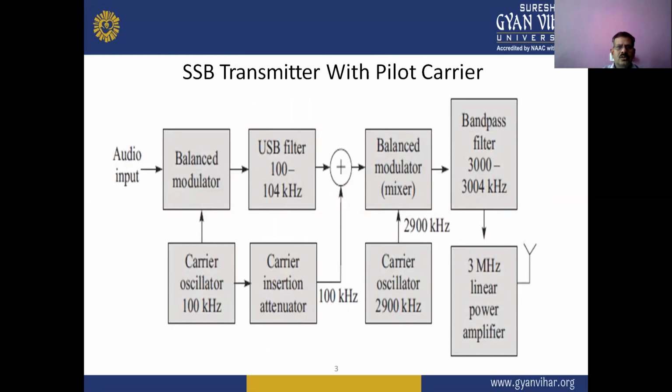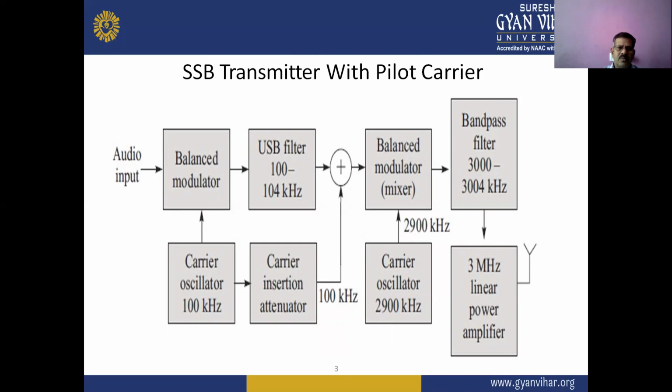And also the generation of SSB transmitter with pilot carrier. In this diagram, the balance modulator is fed by two input signals. One is the audio input, the second is the carrier oscillator, that generates the carrier signal.